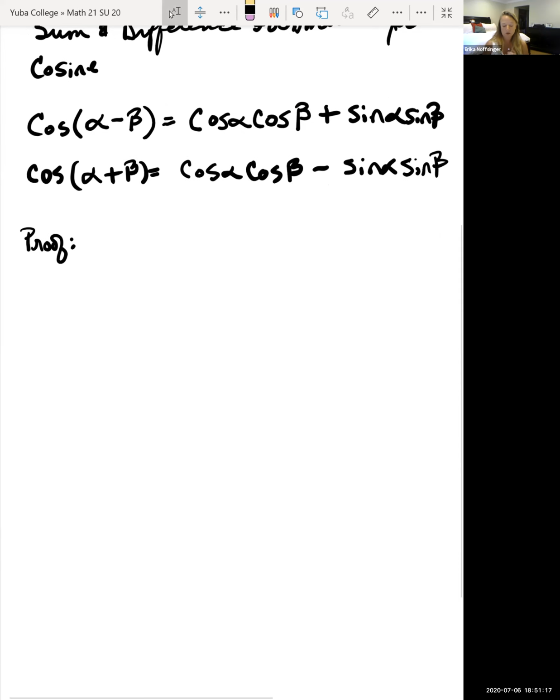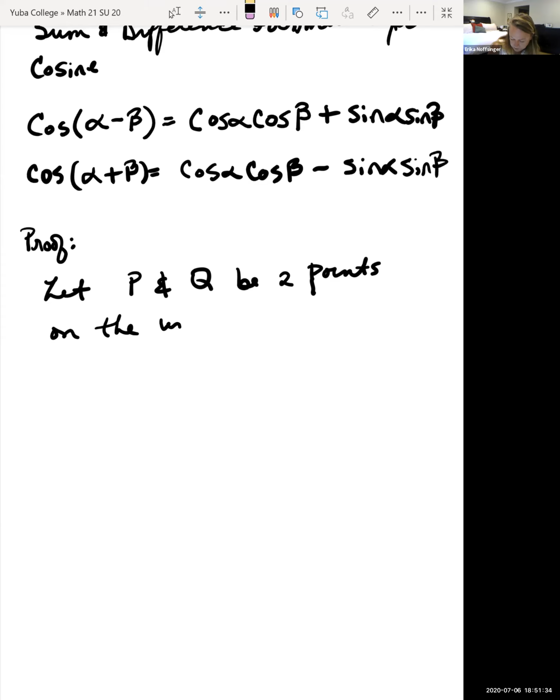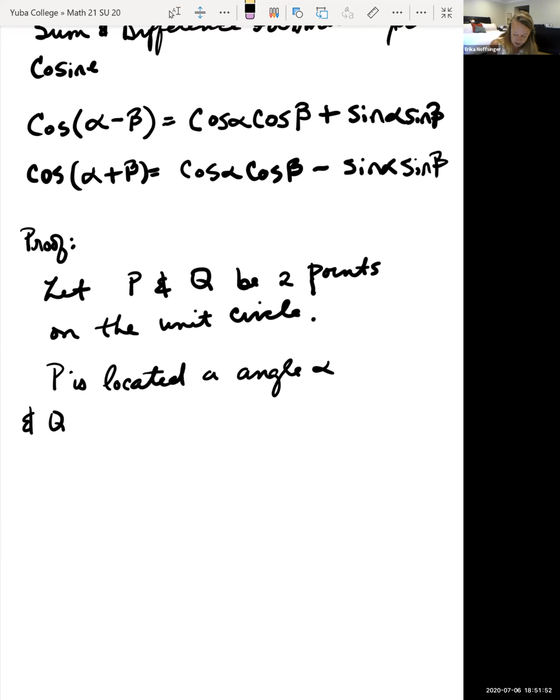Okay, so let's say we have 2 points on the unit circle. So let P and Q be 2 points on the unit circle. Let's say P is located at angle alpha, and Q is located at angle beta.